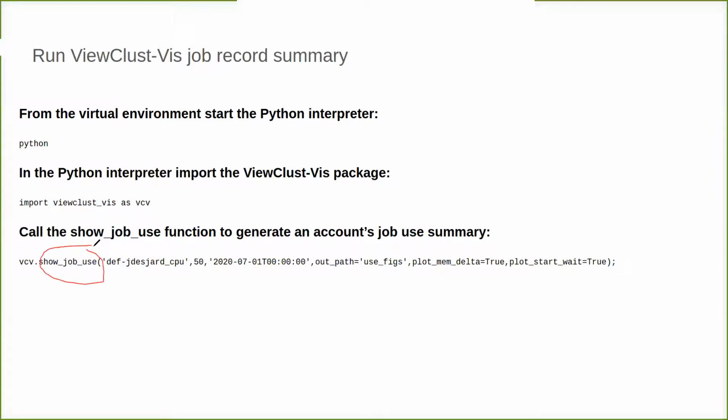Now, there are various tools inside of the package for building data frames in Python of the job records. The specific one in ViewClust viz, the show job use, builds all the summaries that we've been talking about so far. So actually, what I'm going to do right now is I'm just going to go over to a system and go through this specific example before we go through the rest of the presentation.